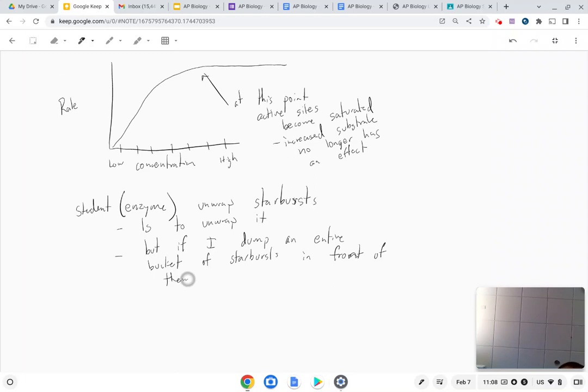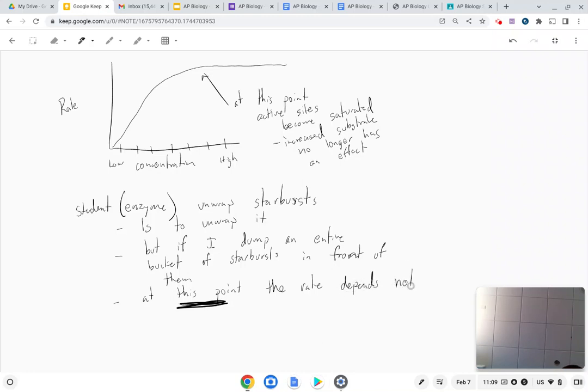In other words, at this point, once I've dumped a whole pile of starbursts in front of them, the rate of the reaction no longer depends on the concentration of starburst, but it depends on how fast the student can unwrap the starburst.